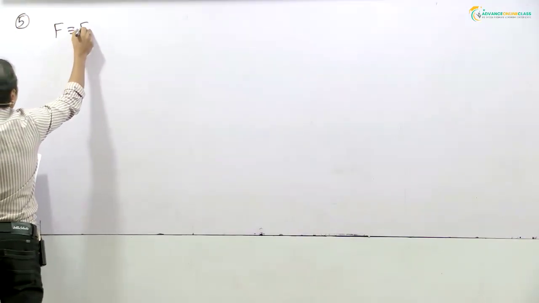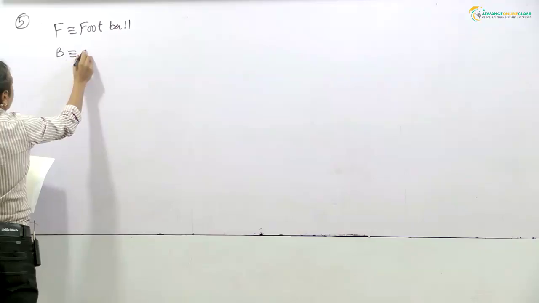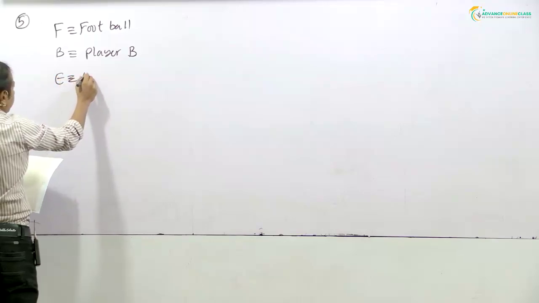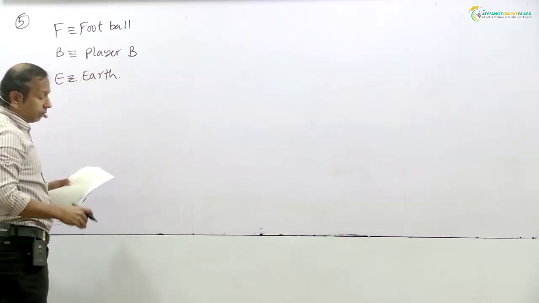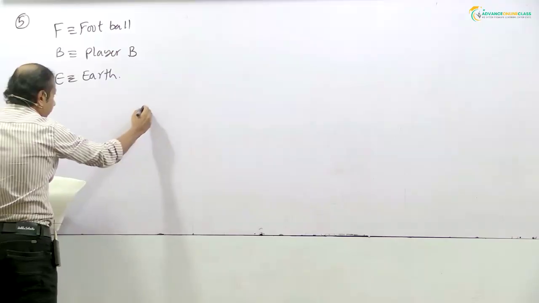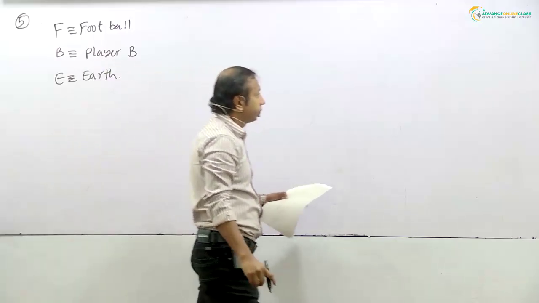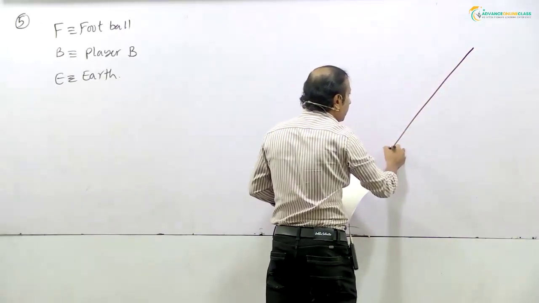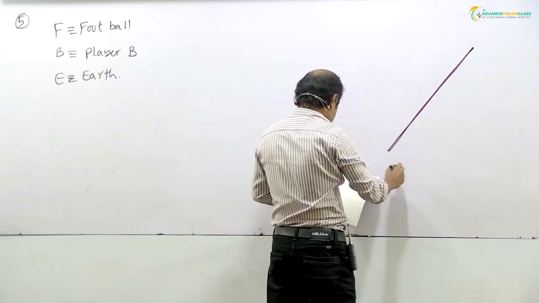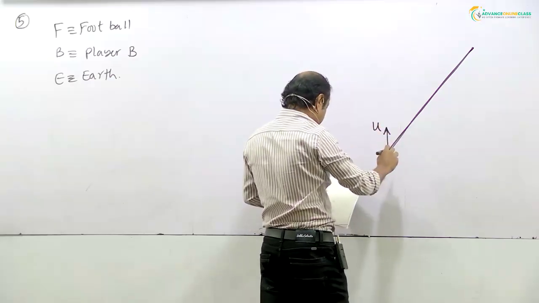If we take the football as F, player B, and E is the earth. Initially, the ball is moving with velocity u here.